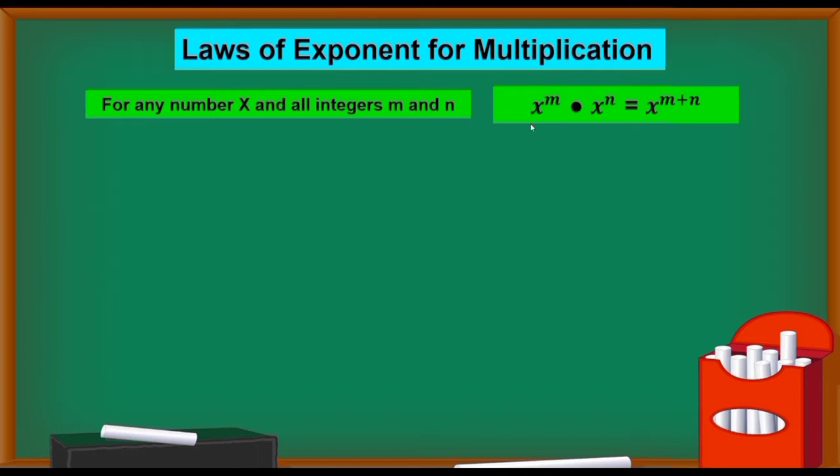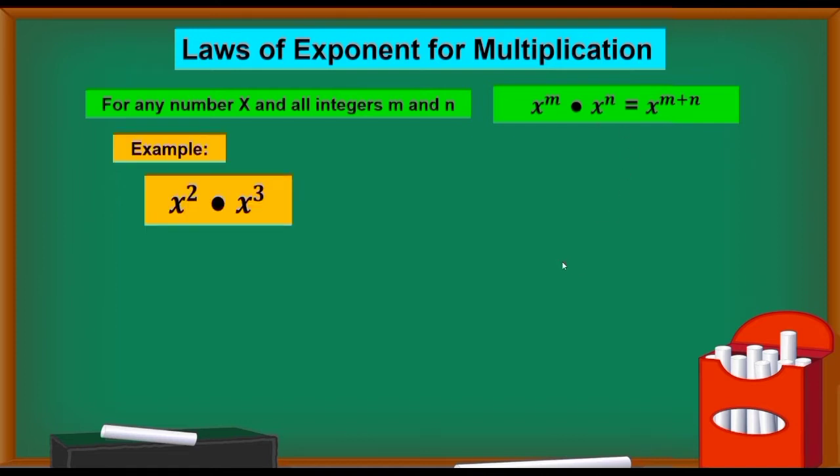Paano po yun? Kapag parehas ang base, ang base natin dito ay x, ang exponent natin ay si m at saka si n. Kapag parehas ang base, i-add lang po natin ang exponent. So, i-add natin yung m at n.